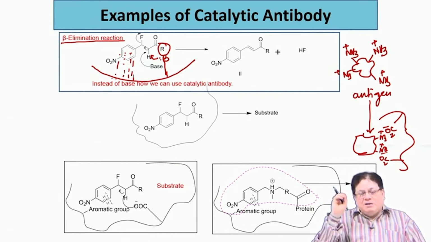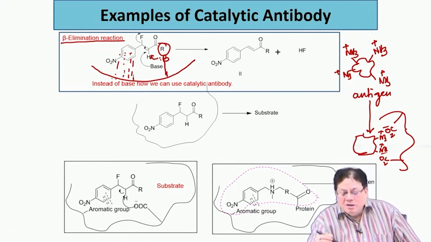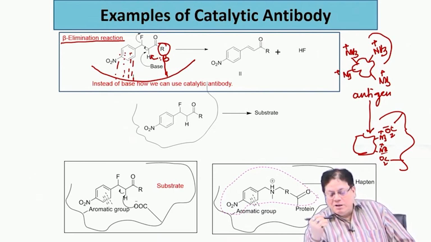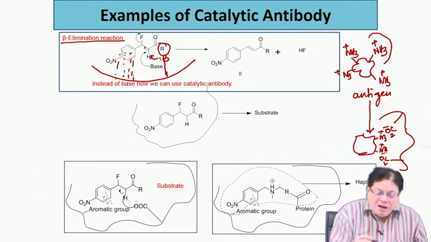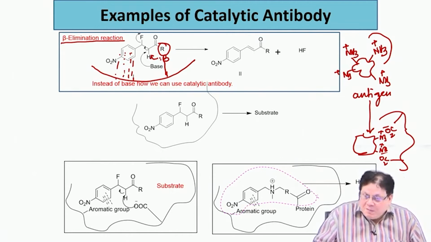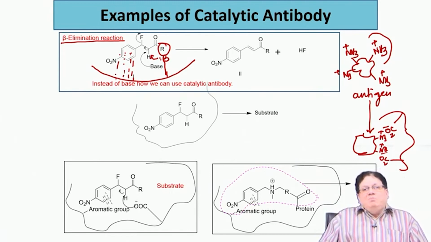I already told you that if the antibody is positively charged, then you get a negative carboxylate in the antibody. Now, here you want a basic group. What is a basic group in a protein at biological pH?